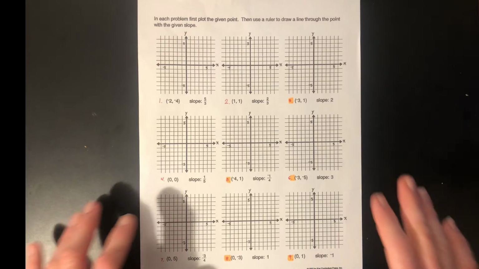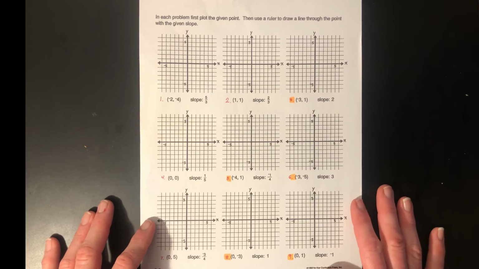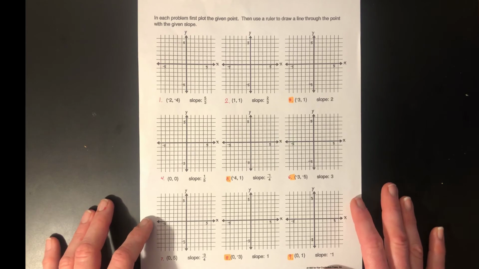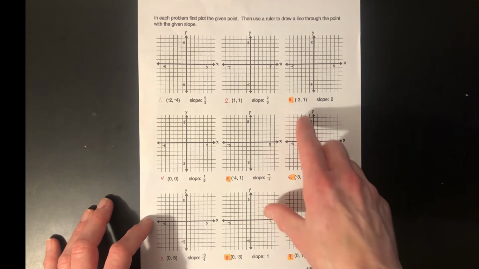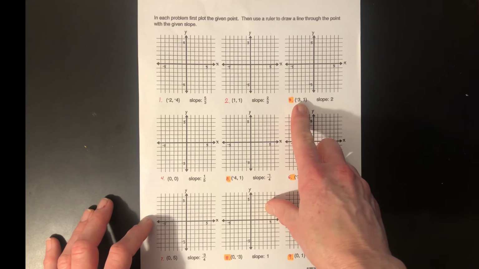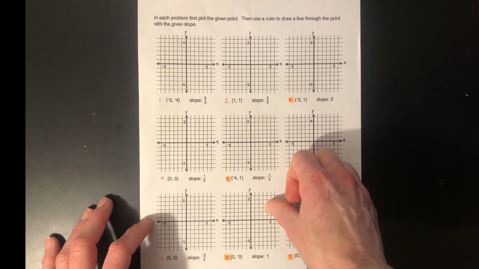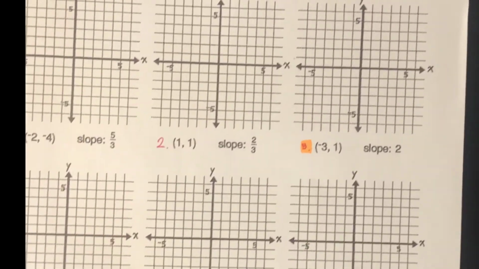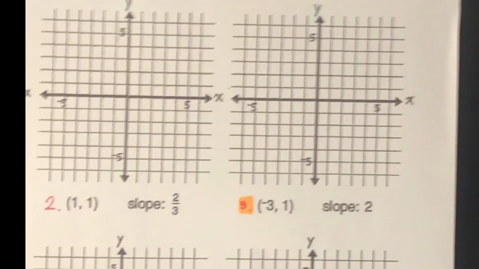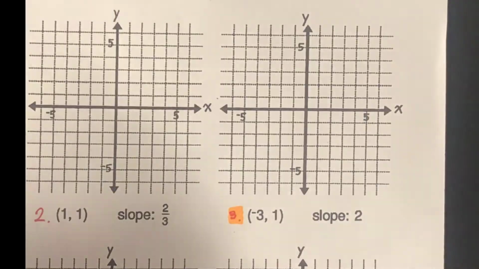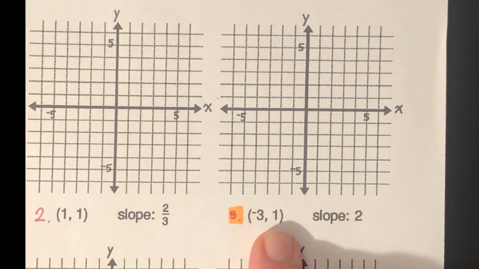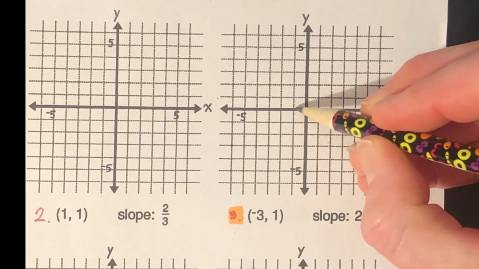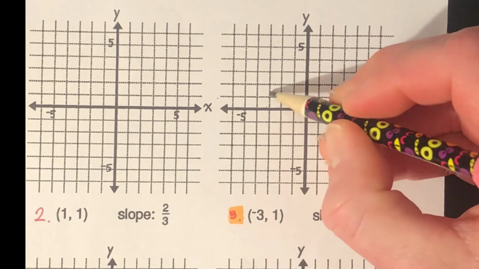Page 22. This is really essentially the same as the bottom part of page 21. The difference is you start with coordinates for a point rather than the point already given, and you've got a quadrant grid. Let's go to number 3. Our given point is -3, 1. So we'll go 1, 2, 3, 1.